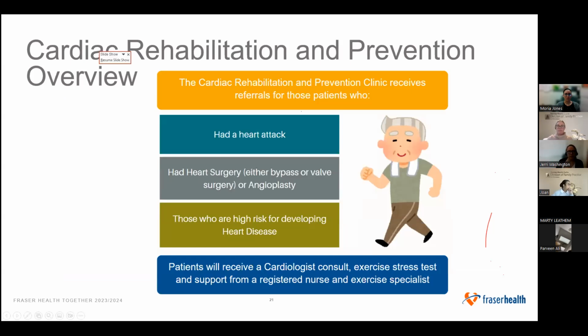Okay, so now we'll move on to the cardiac rehabilitation and prevention clinic. We receive referrals for patients who have had a heart attack, have had heart surgery, either bypass or valve surgery, or an angioplasty. For clients that are high risk for developing heart disease, all patients will receive a cardiologist consult, an exercise stress test, and support from our registered nurse and exercise specialist.